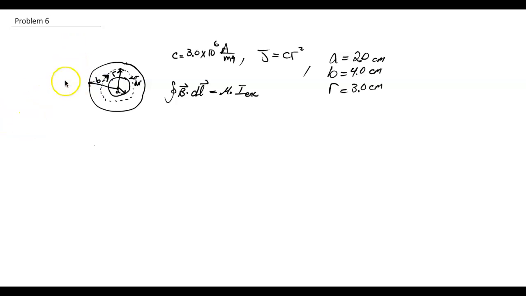And because the current depends on the location R, we can't just do a proportionality. We have to do an integral. So I enclosed is the integral of the density times an area element dA.